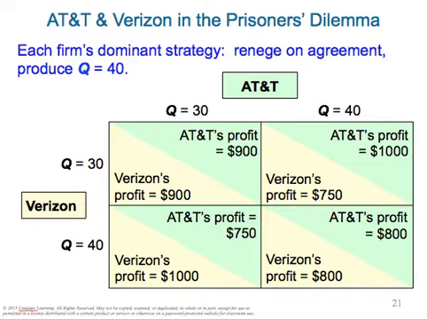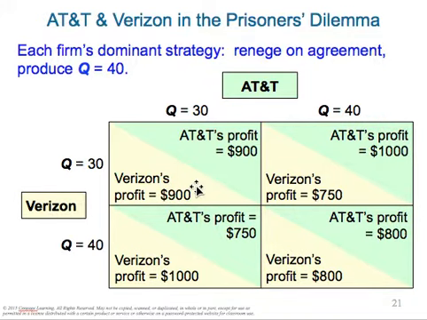Well, what happens when both of them produce 40? Well, they end up in this box down here where AT&T produces 40 and Verizon produces 40, and they get a profit of $800 apiece. Okay? Let that soak in for a second. Of course, they're hoping for this 1,000.